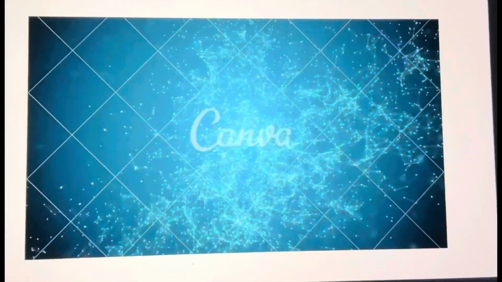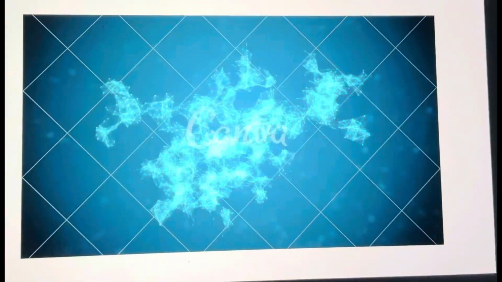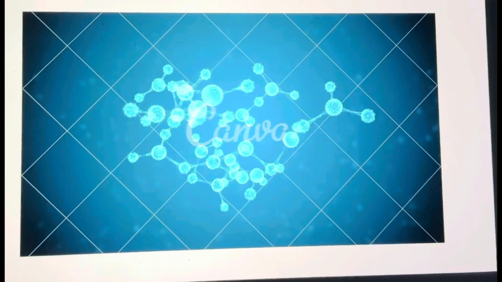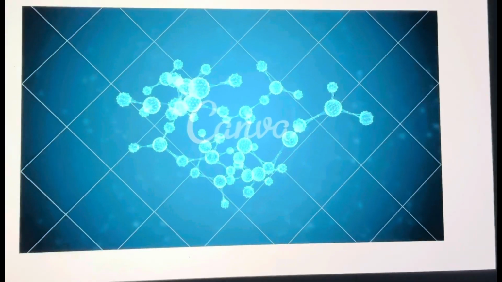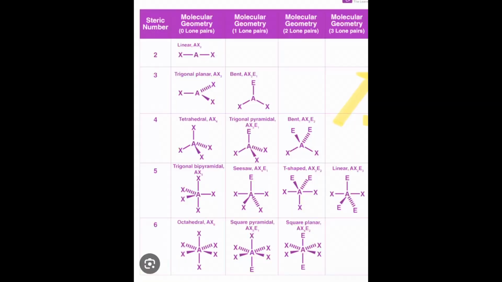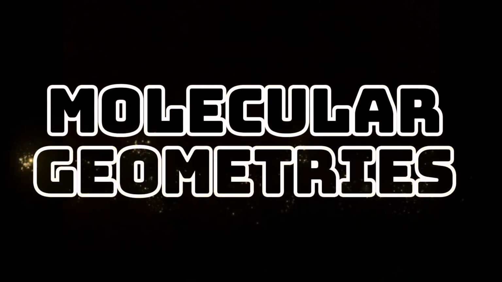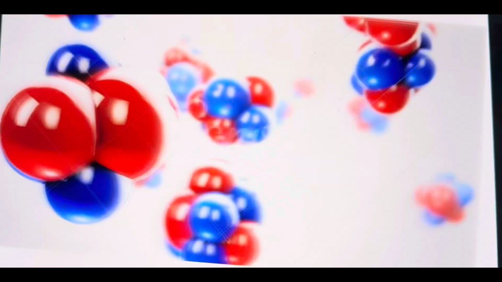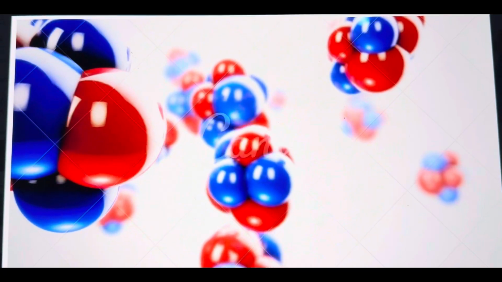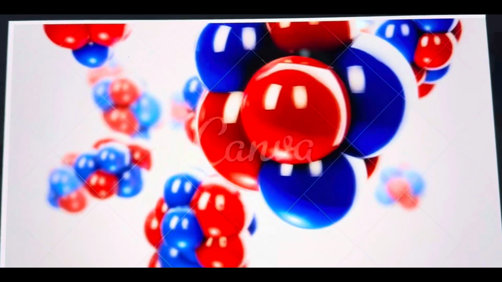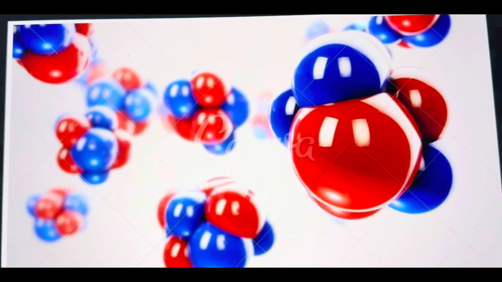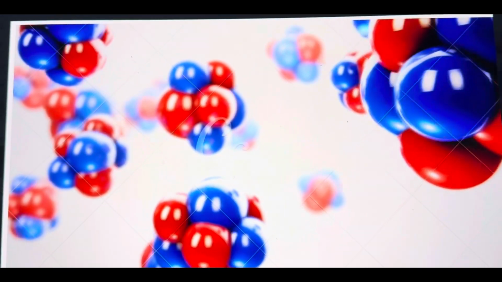It is the 3D arrangement of atoms around a central atom, influenced by the number of bonding and lone pairs. Now, let's go through different molecular geometries and see how VSEPR determines their shapes.